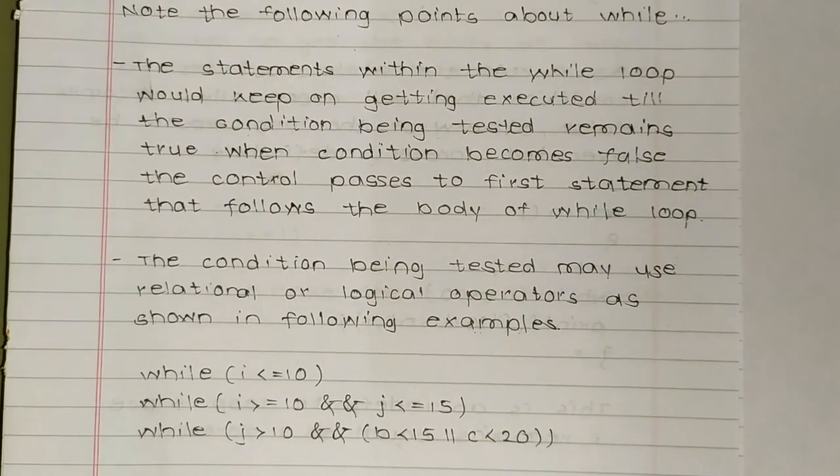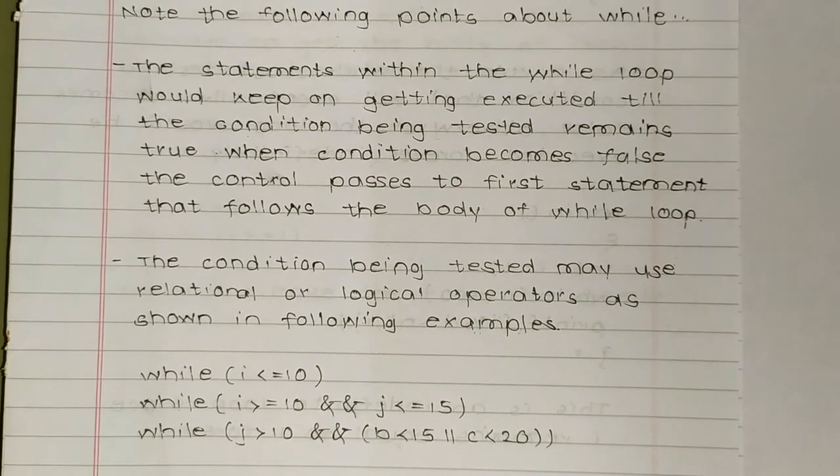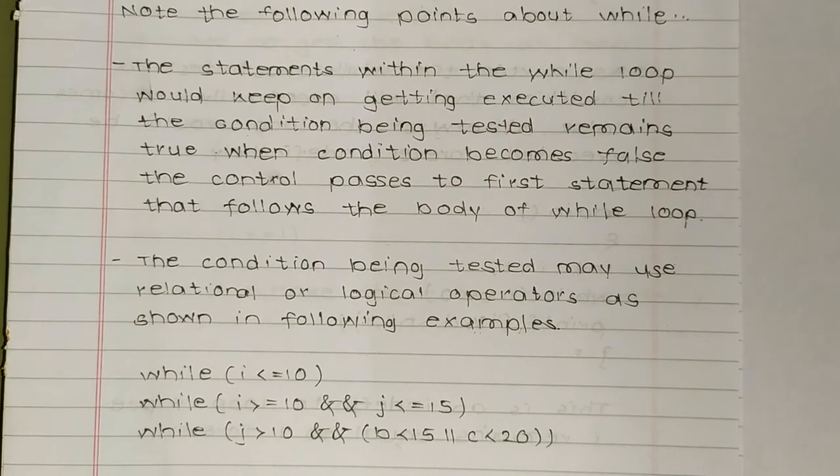Note the following points about the while loop. The statements within the while loop keep on getting executed till the condition being tested remains true. When the condition becomes false, the control passes to the first statement that follows the body of the while loop. So these are important points.